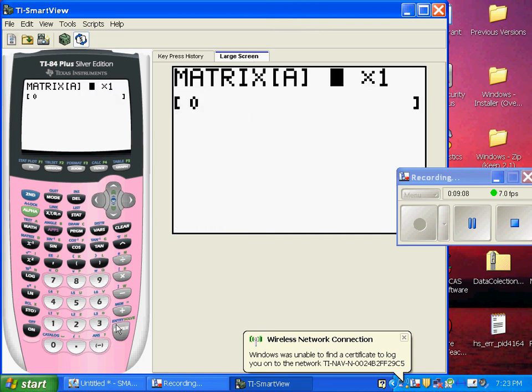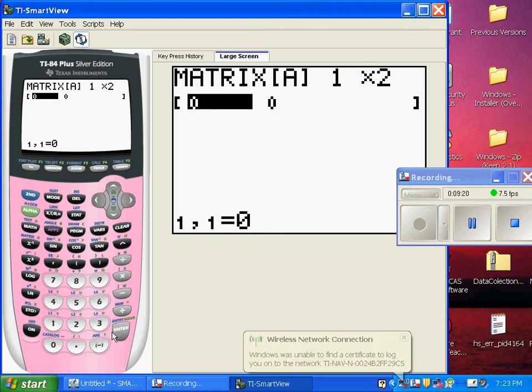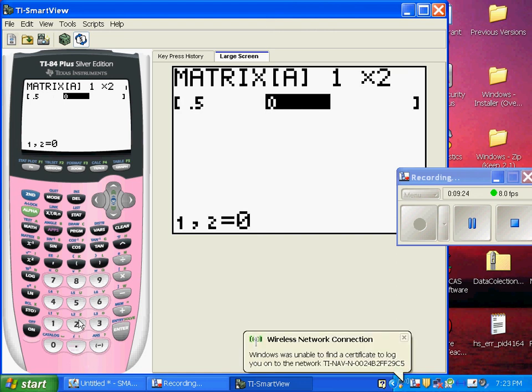Now we said that we're going to put matrix P in first, and that is a 1 by 2. So I'm going to type 1 and then a 2, enter. And that is 1/2, so I'm just going to put 0.5, enter 0.5.